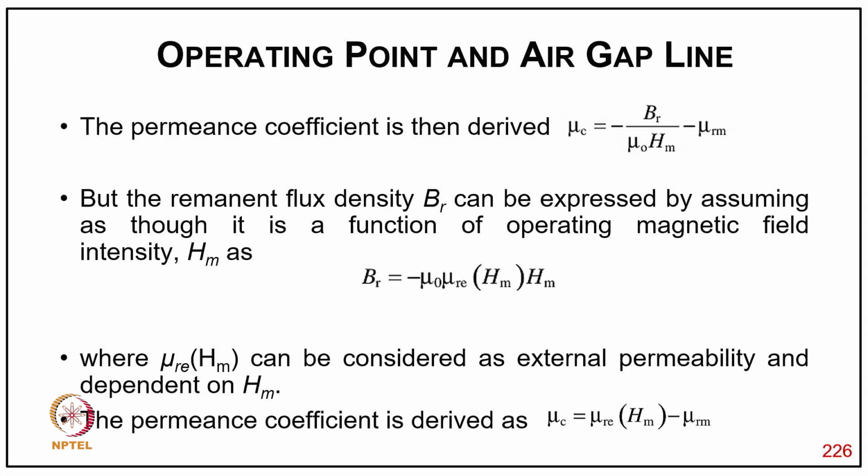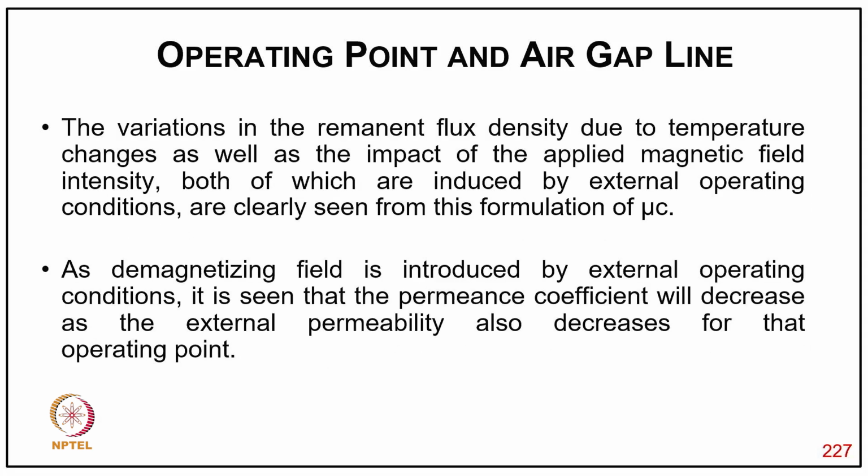But the remnant flux density Br can be expressed as a function of the operating field intensity Hm: Br equals minus mu 0 mu Re(Hm) into Hm, where mu Re(Hm) can be considered as the external permeability dependent on Hm. The permeance coefficient is then derived as mu c equal to mu Re(Hm) minus mu Rm.